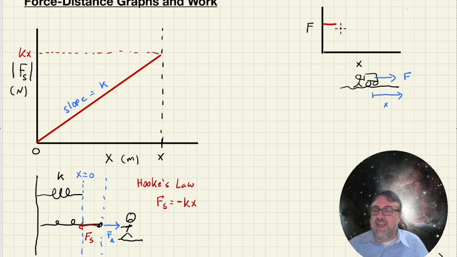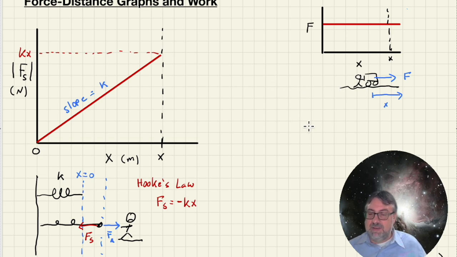Well, in this case, my graph would look just like that, a constant force going a constant distance, x. Now, it's interesting to note here, remember our equation for work. Work was equal to force parallel times the distance d.